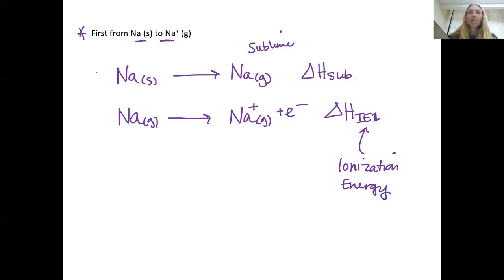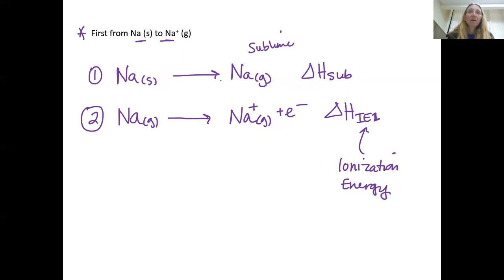In order for me to go from solid sodium to sodium plus gas, I have to do it in 2 steps. Step 1, I go from sodium solid to sodium gas through sublimation. When I measure that heat or energy exchange, it's a delta H sublimation.